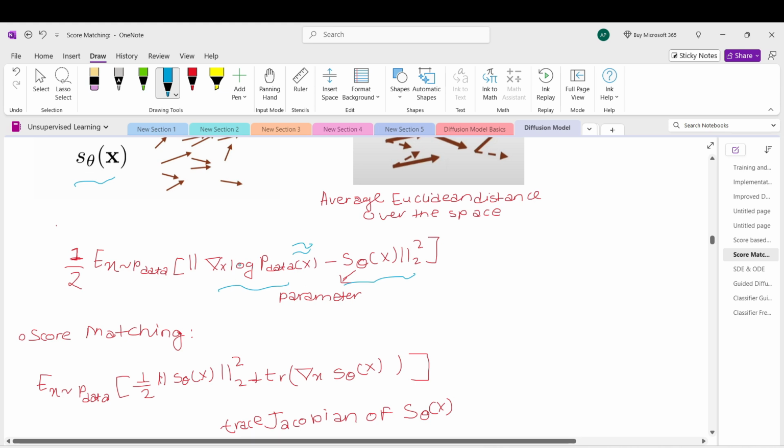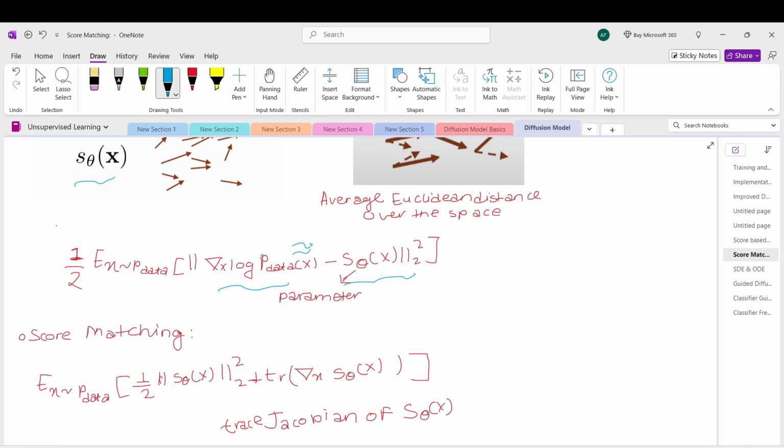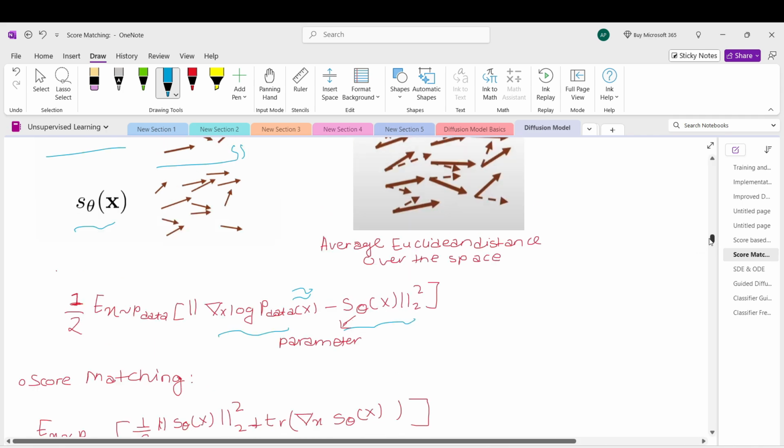This is the real score function, and this is your model score function, and if we are able to match them, our s theta will approximately become equal to the real score of the density.